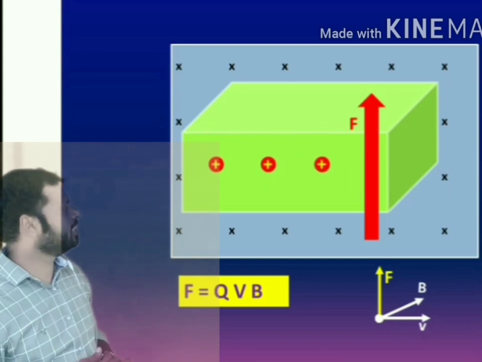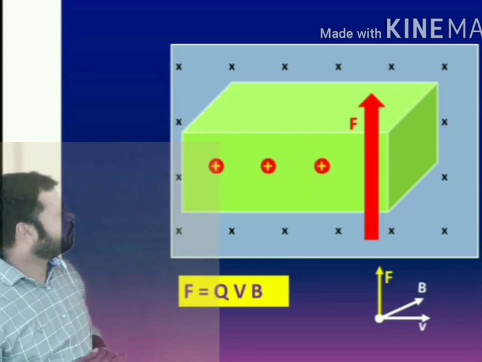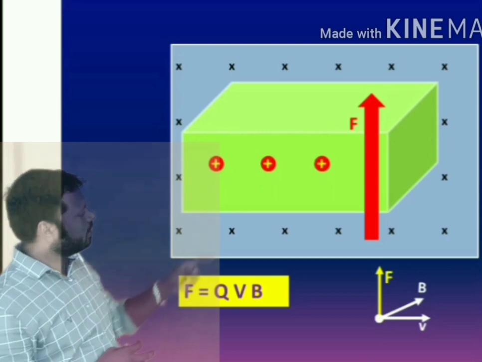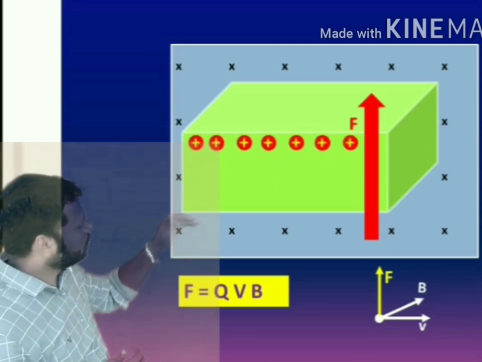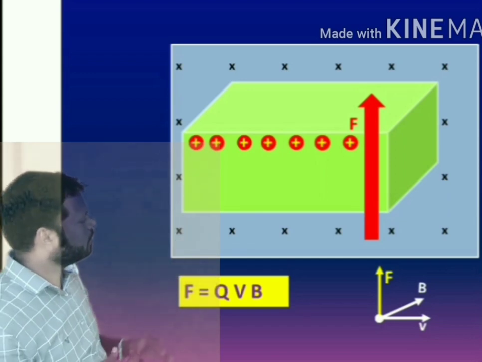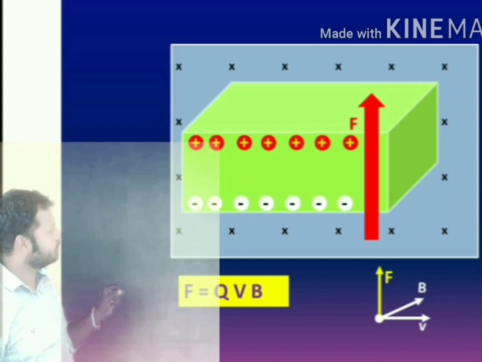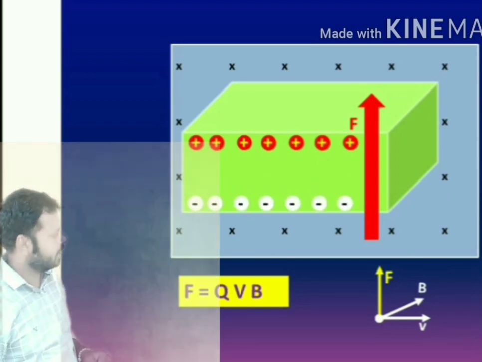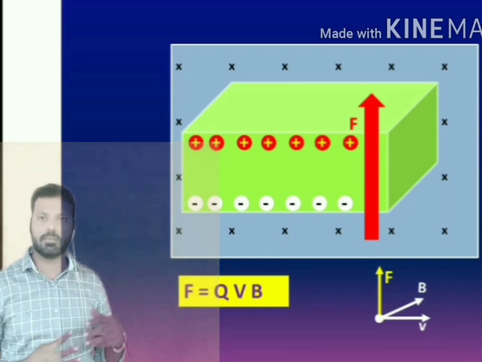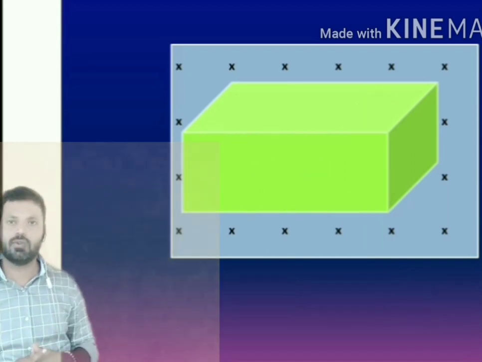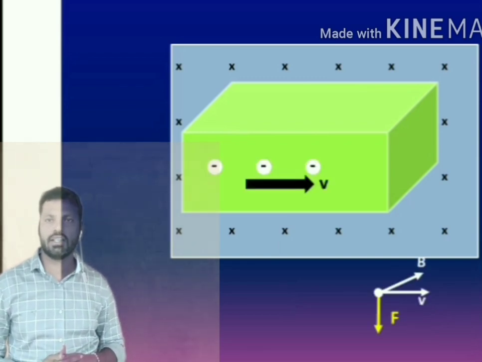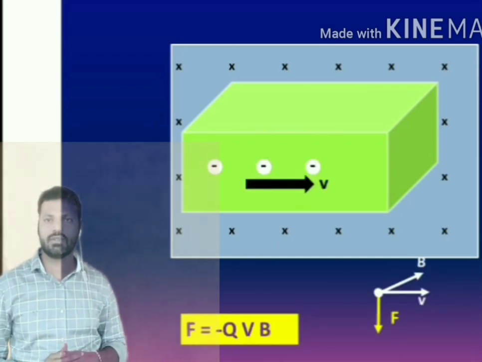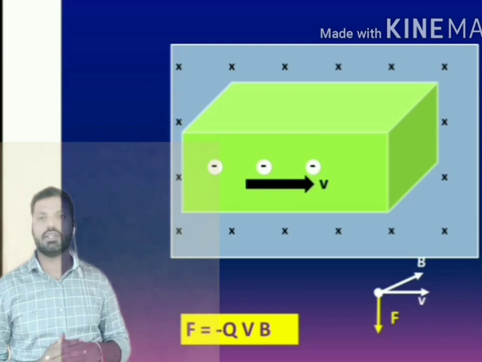Since the material is neutral, when positive charges accumulate on the top side of the strip, negative charges accumulate on the bottom side of the strip. If I take a negative charge moving in the material with velocity v in this direction, the force acting on the charge is F equal to minus QvB.